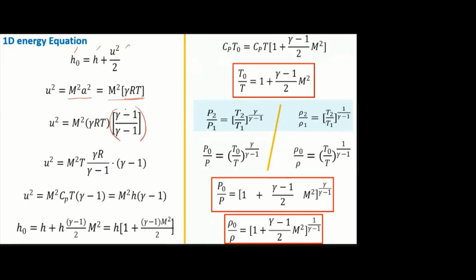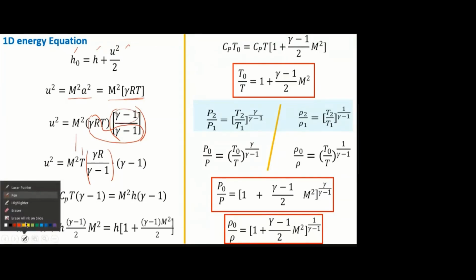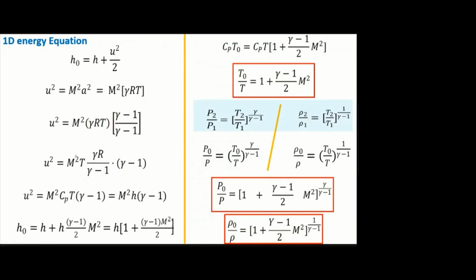Now what I can do is take this gamma R divided by gamma minus 1, remaining same M square, same T, and this term gamma minus 1.